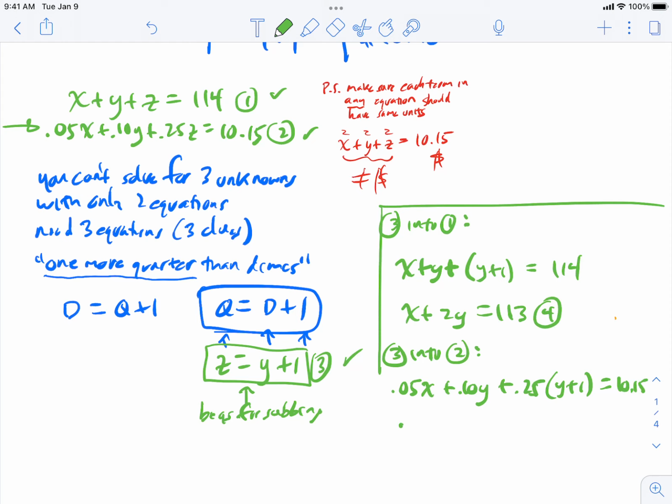Okay, simplifying this equation, 0.05x plus, well, let's see, I'll have a 0.1y plus this, so that's going to be a 0.35y. And then I'm going to have to subtract 0.25 on both sides, so this is going to become a 990. And so that becomes my equation 5.